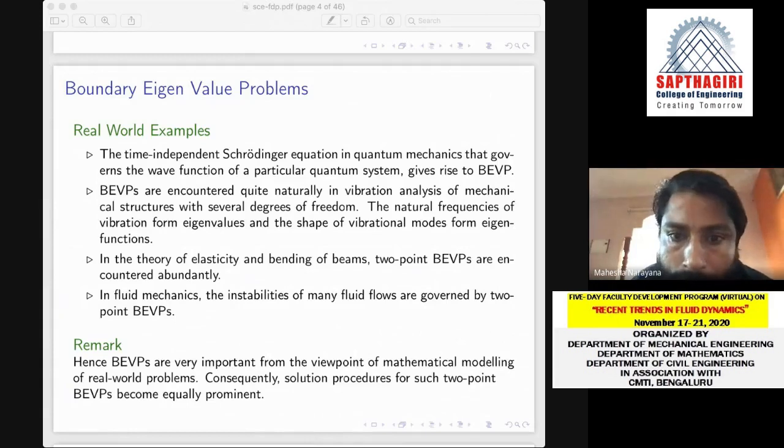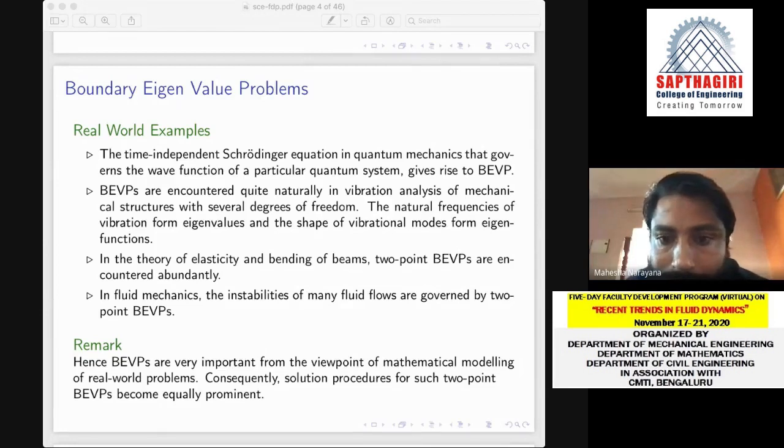Okay, and the other places where BEVPs occur naturally are in the vibration analysis of mechanical structures, having several degrees of freedom. And here, the natural frequencies of vibration form eigenvalues, and the shape of vibrational modes form the eigenfunctions.